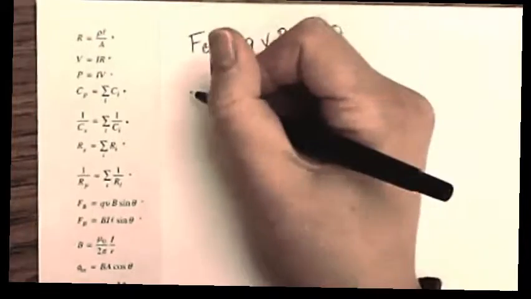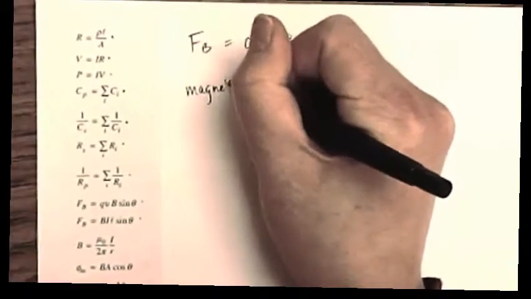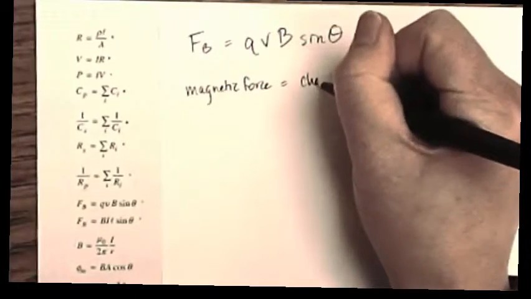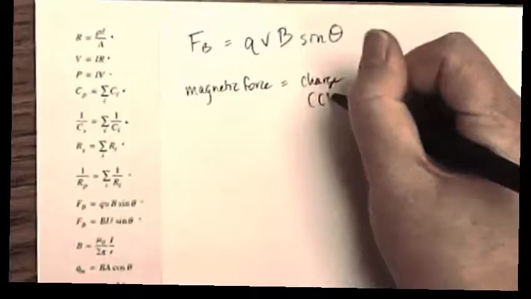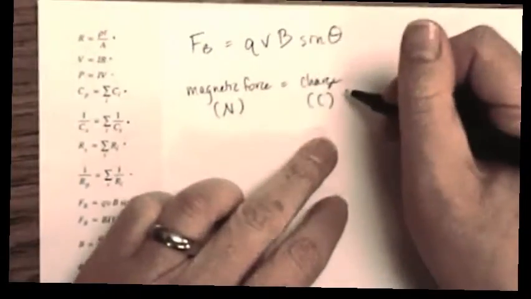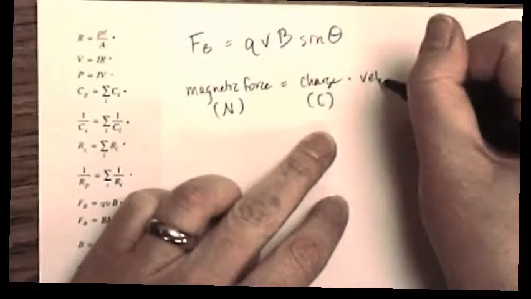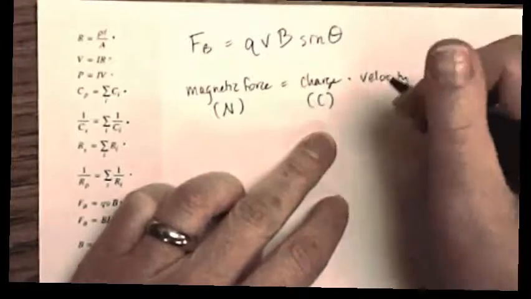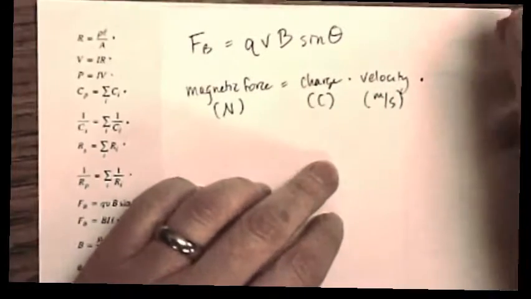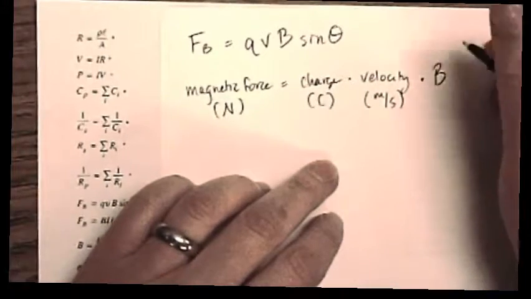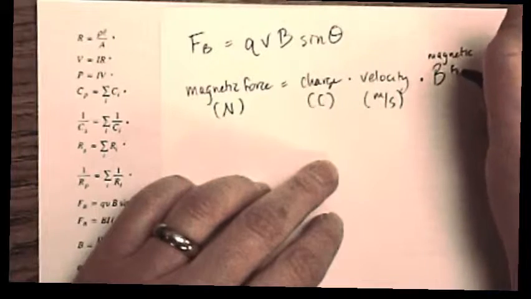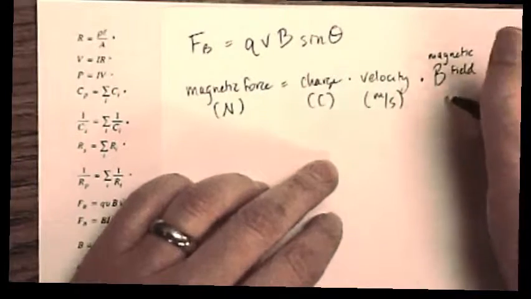Basically what this says is that the magnetic force on a charge, charge in coulombs, force in newtons, is equal to the charge times the velocity in meters per second times the magnetic field, sometimes called the B field.